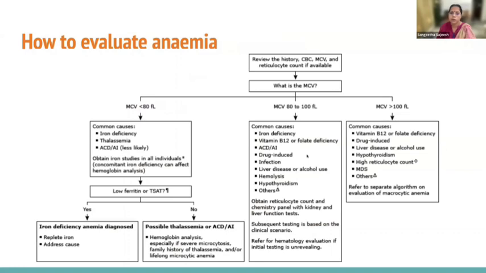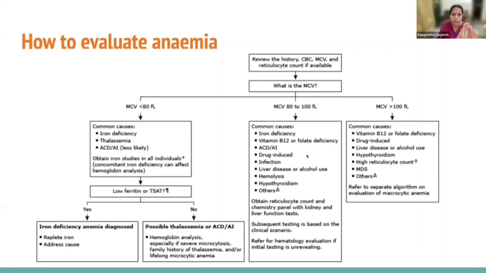Whenever we have a patient with anemia, a CKD patient with anemia, we have to review the history, then do the basic RBC indices to see the size of the RBCs, whether it is a microcytic cell or a normocytic cell or a macrocytic cell. And usually anemia of chronic kidney disease will be normocytic.